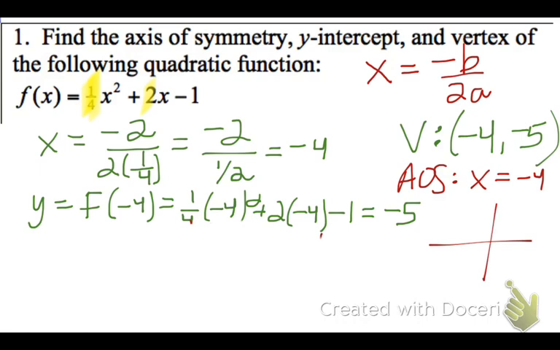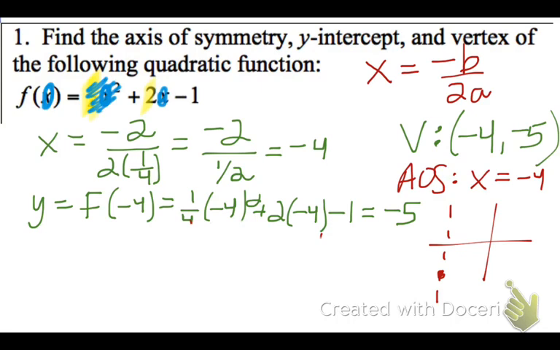So that means we have a parabola right about here, at negative 4 comma negative 5, and the axis of symmetry cuts that parabola into two equal halves. To find the y-intercept, we just do f of 0 in our function, putting zeros in.